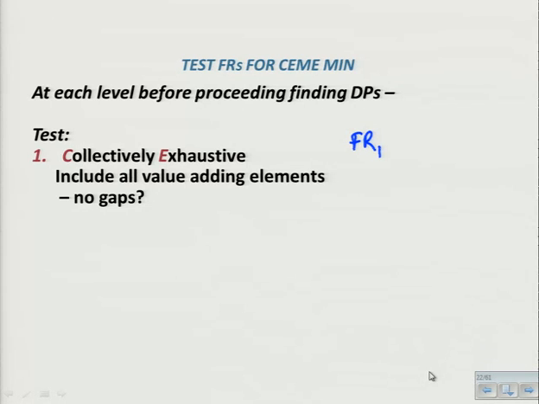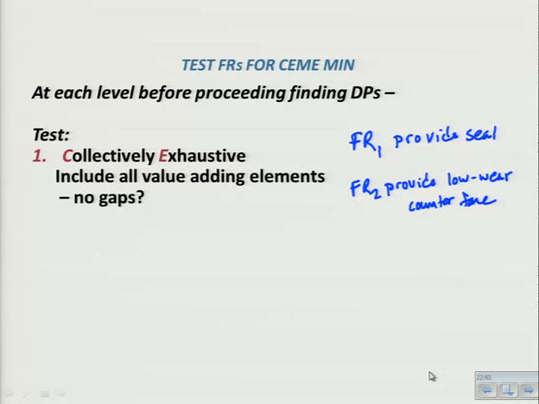So FR1 might be to provide a seal, and FR2 might be to provide a low wear counterface. Now, you should probably be entering this in Acclaro and getting used to working with Acclaro. It's a pretty intuitive program.